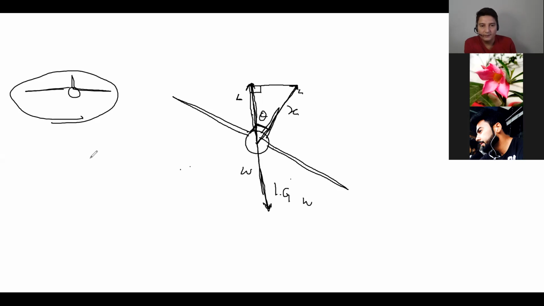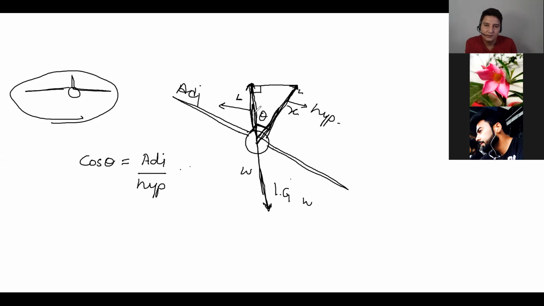Now, in your 12th standard physics, you must have read about this equation: cos theta equals adjacent upon hypotenuse. In this case, this line is adjacent, and this is the hypotenuse because it is the longest line.